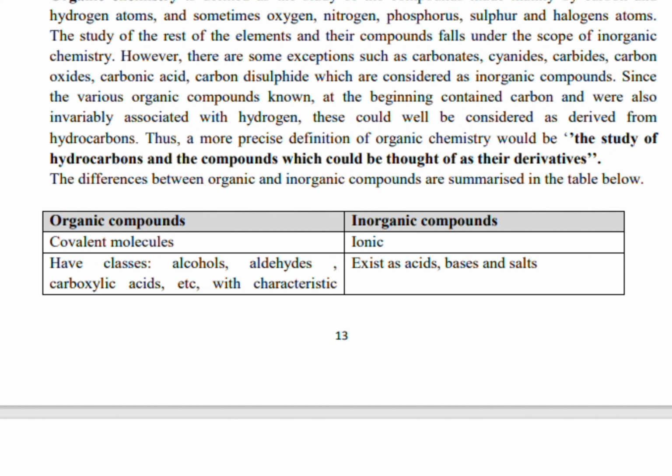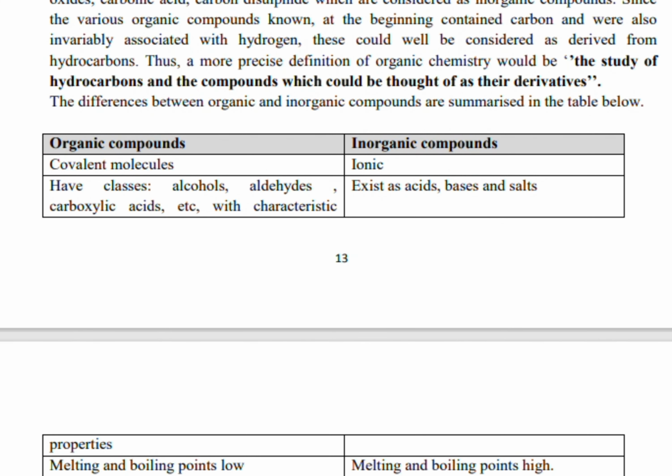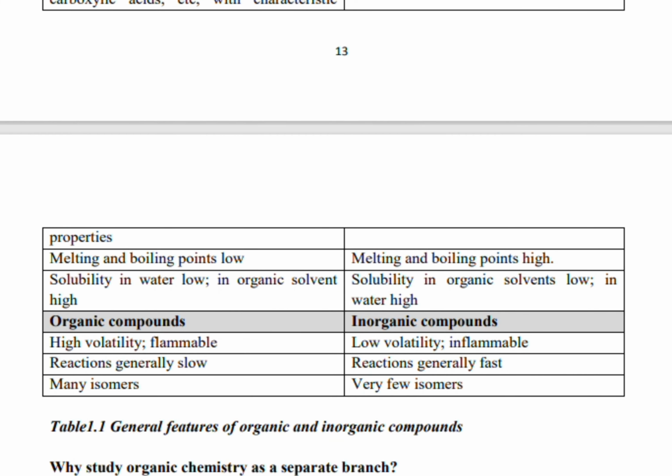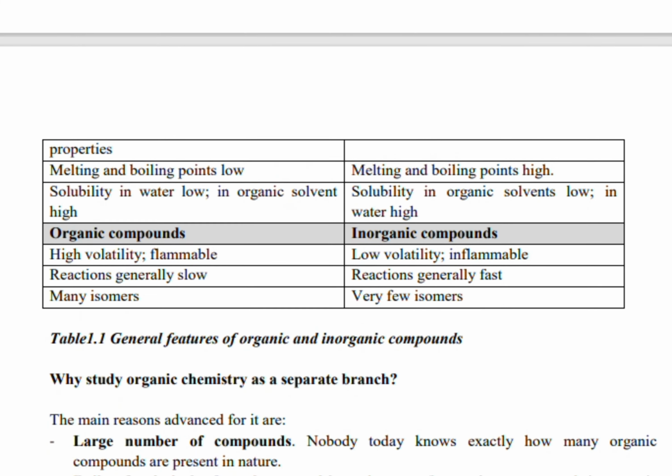We know that it is a compound which is made of carbon, hydrogen, and it can also have other atoms like halogens and so on. We have differentiated organic compounds and inorganic compounds. We have seen these differences.